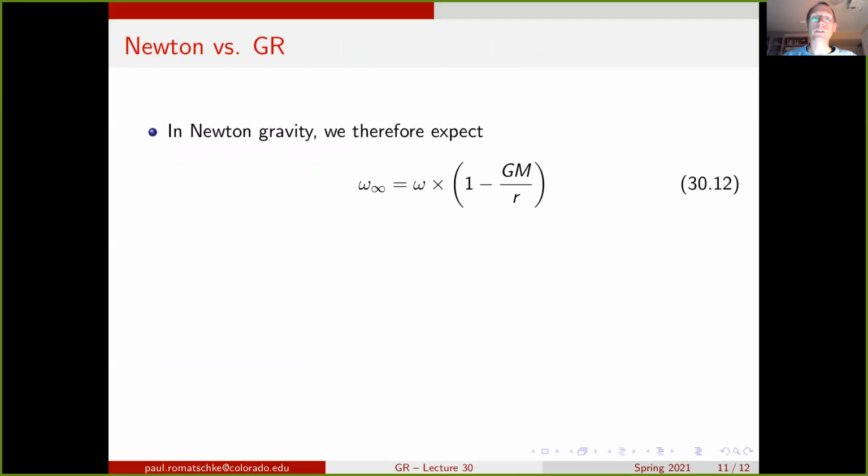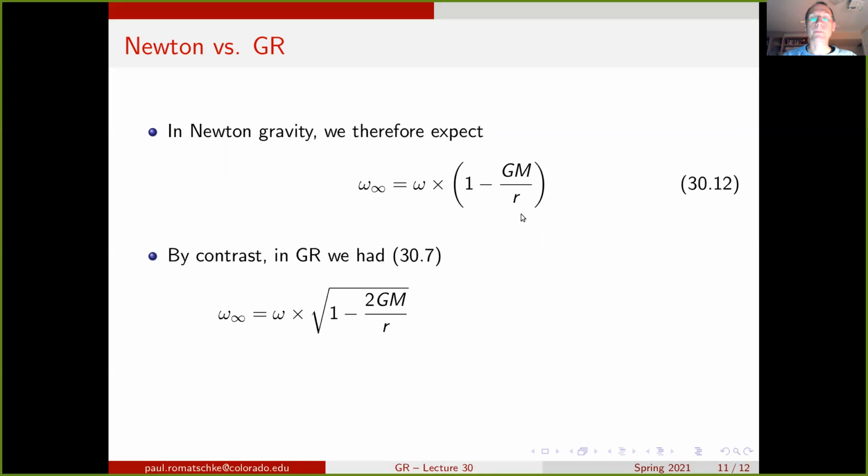So we find that in Newtonian gravity, we expect that the photons get redshifted via this factor 1 minus GM over r. Whereas in general relativity, we had a similar formula, except that there was a square root of 1 minus 2GM over r. Now, if in general relativity we expand this square root in a Taylor series for small GM over r, we find that the first two terms, meaning 1 minus GM over r, precisely match the Newtonian expectation.